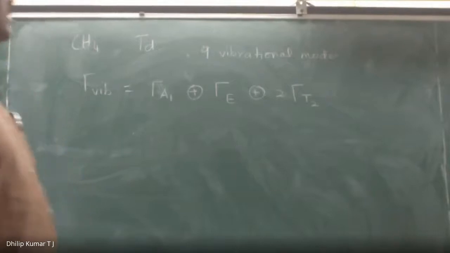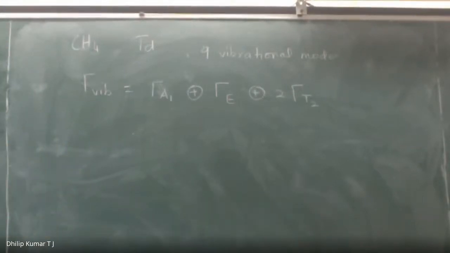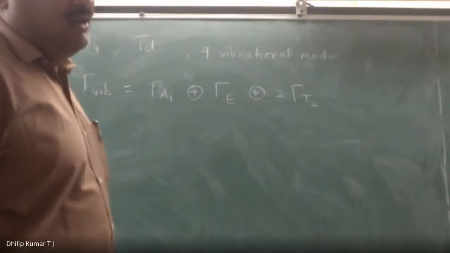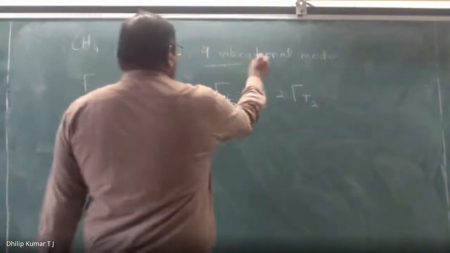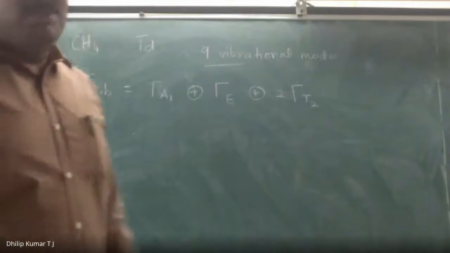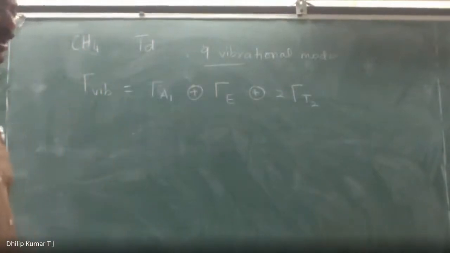Okay, so how do you account for 9 then? Sir, I'm telling total vibrational modes will be 9. Yes, total is 9, agreed. But when you add up IR and Raman, that should be 9, right? Or individually it can be 9. Yes, sir.